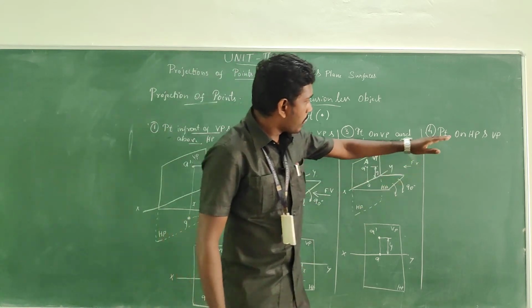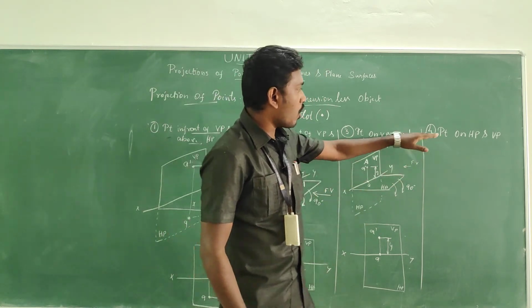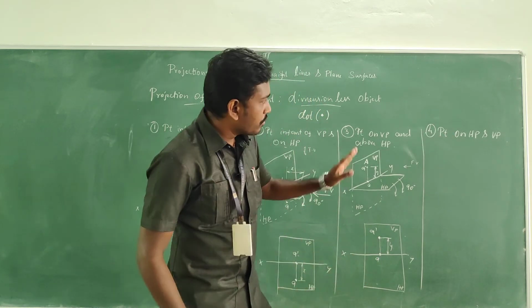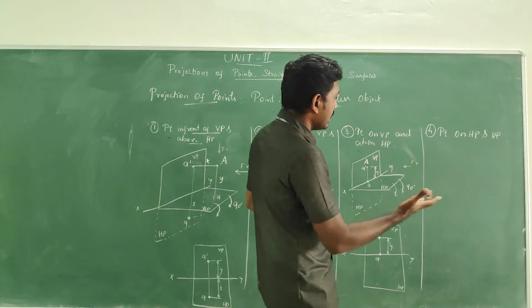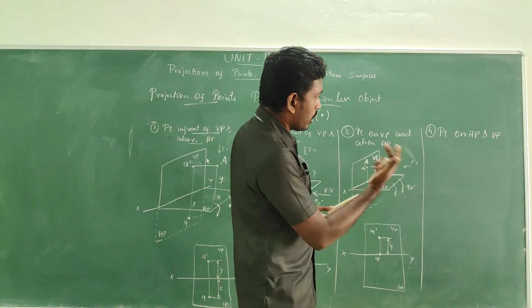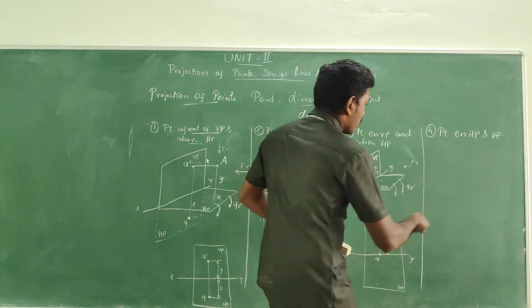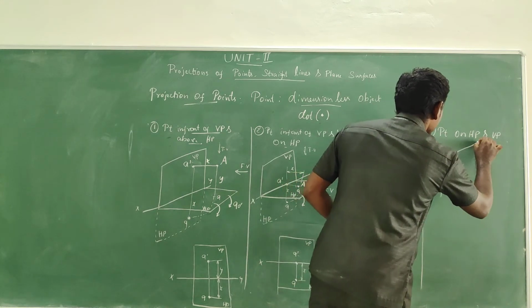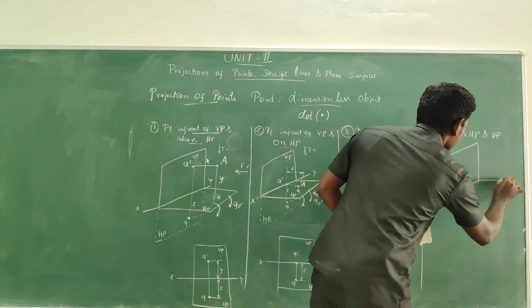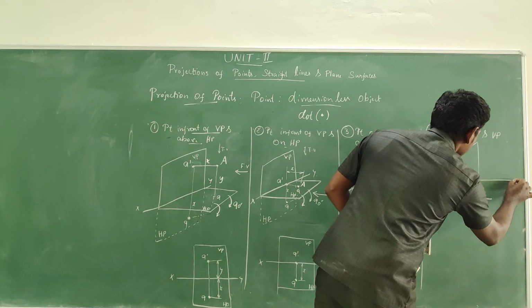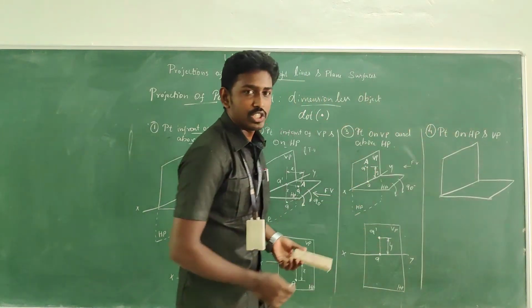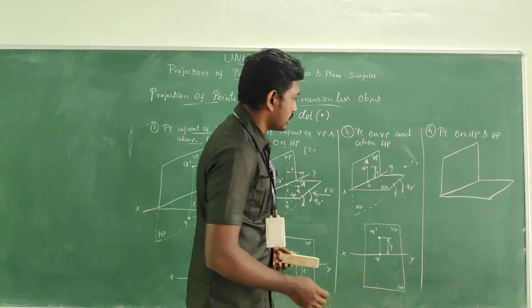Okay. Move to the fourth condition, point on HP and VP. The point is located on both the planes. So for your understanding, go with the first quadrant and try to position your point.